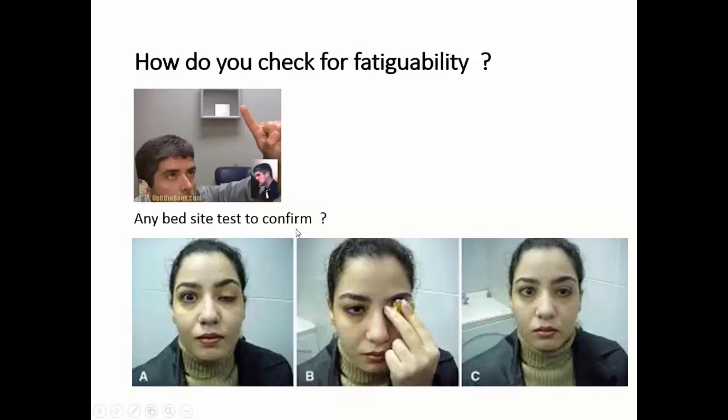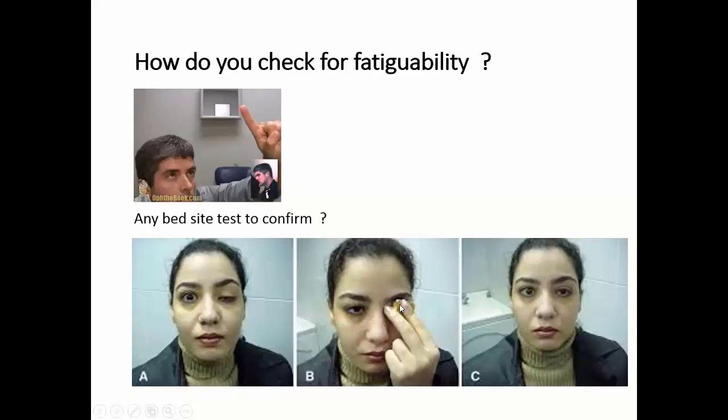The next test to confirm is the simple test we can do, the ice pack test. This is how you do it. You have this patient with a ptotic left lid, and you put some ice on the eye. Don't put plain ice on the eye. Wrap it with some cloth, because otherwise it will damage the cornea.